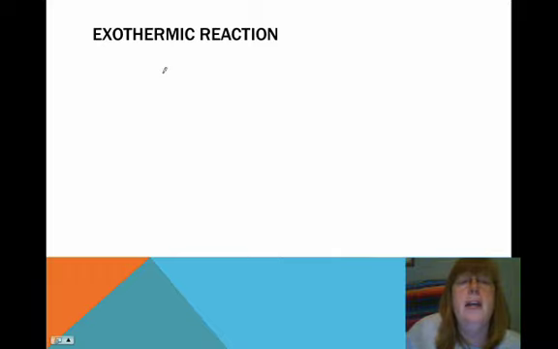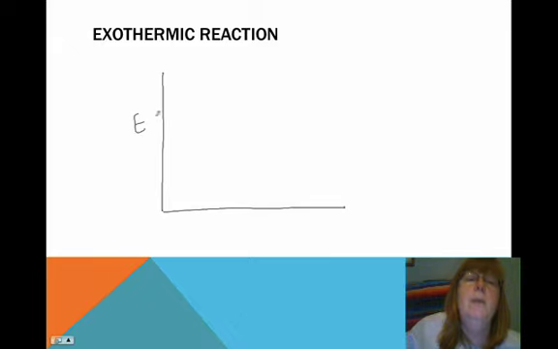Let's look at one for an exothermic reaction. Okay, again, an exothermic reaction from the past, we remember that an exothermic reaction is where energy is released and they feel hot, or the temperature would be going up. So here's the energy of our reactants. We got to start here.